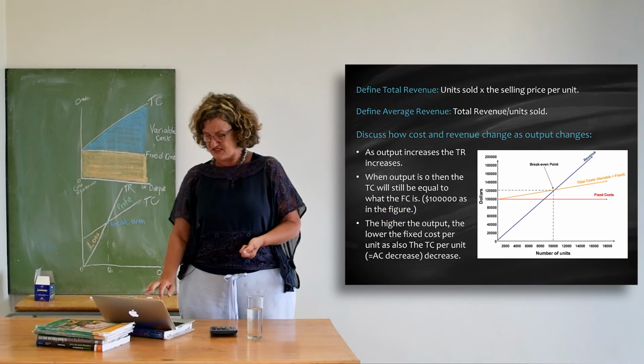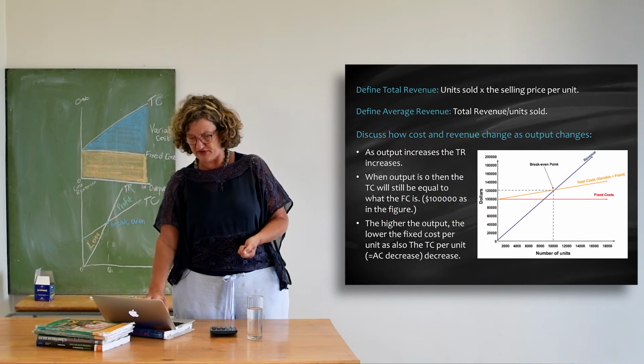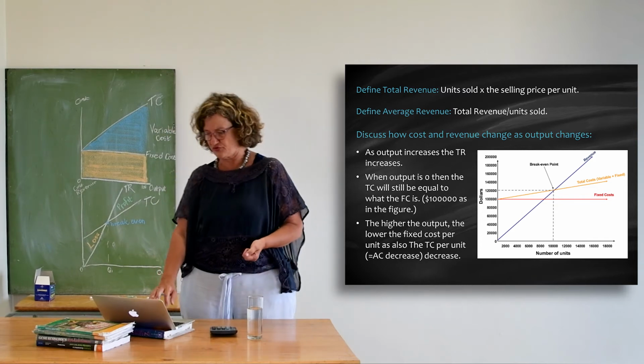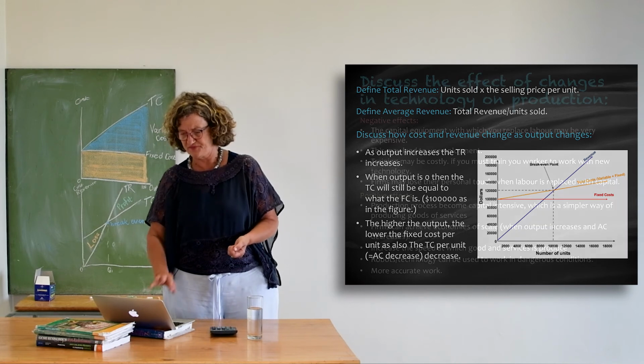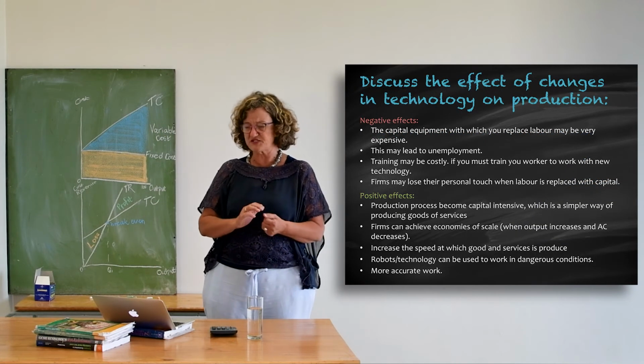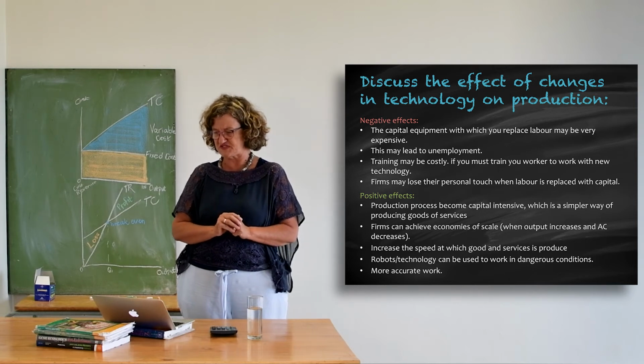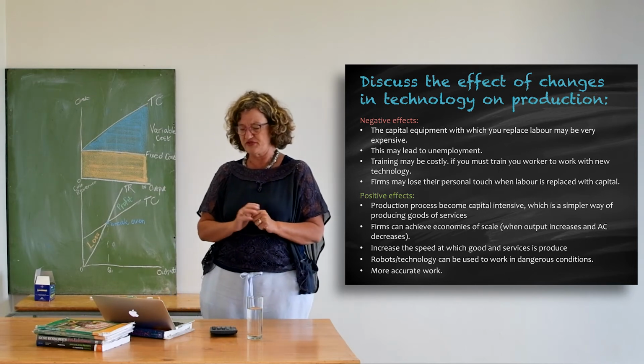So that is about the total cost and the revenue, why it changes or how it changes as the output of a business increases. Okay, the next part is to discuss the effect of changes in technology on production.